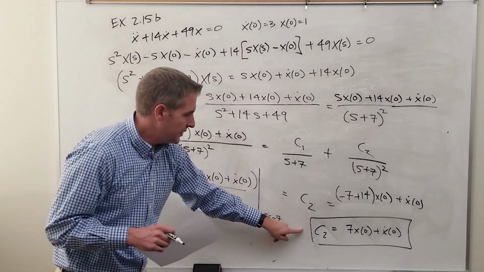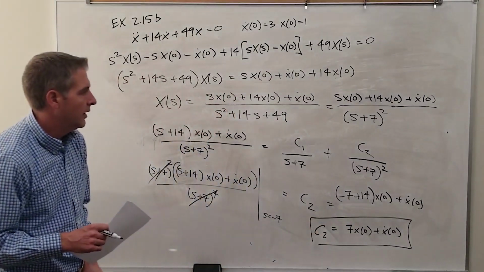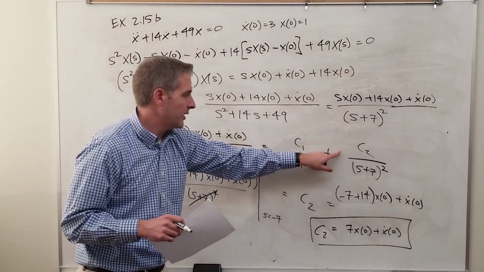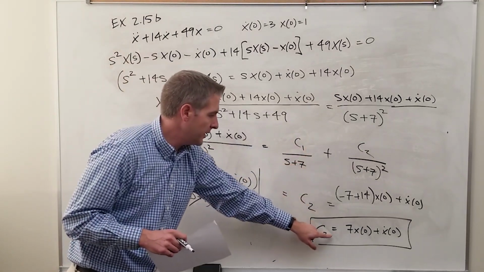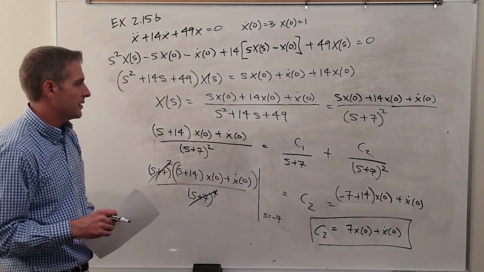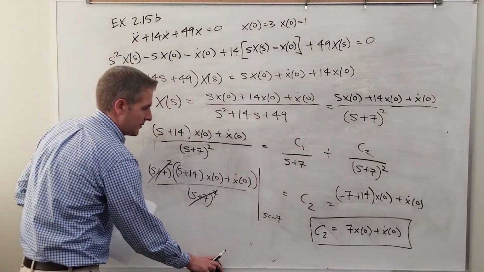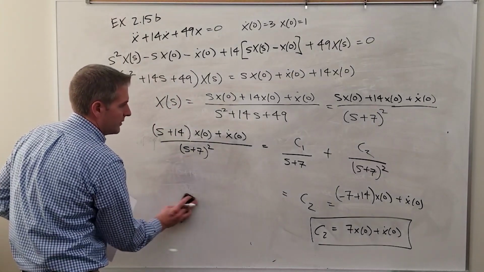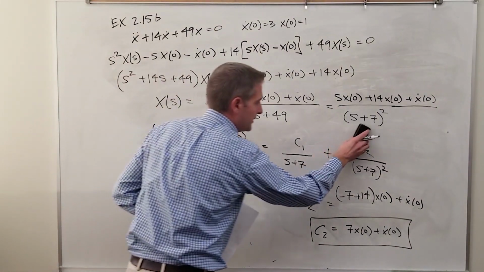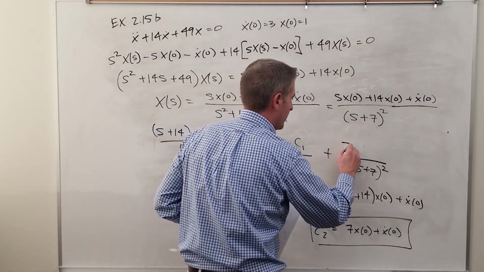All right, if C2 is this value right here, I might be able to figure out a way to get C1 if I replace C2 and look at the comparison terms. So I'm going to erase this term right here and replace C2 with this equality.